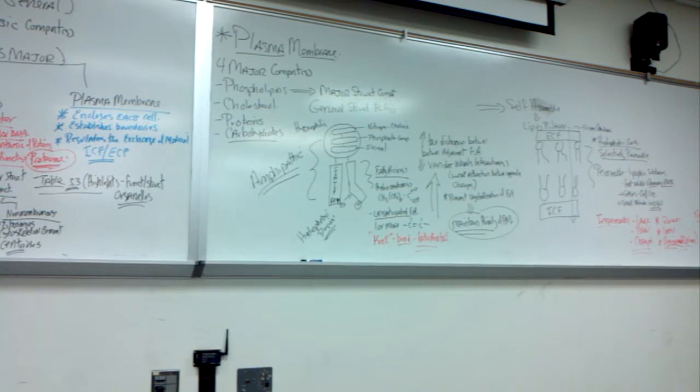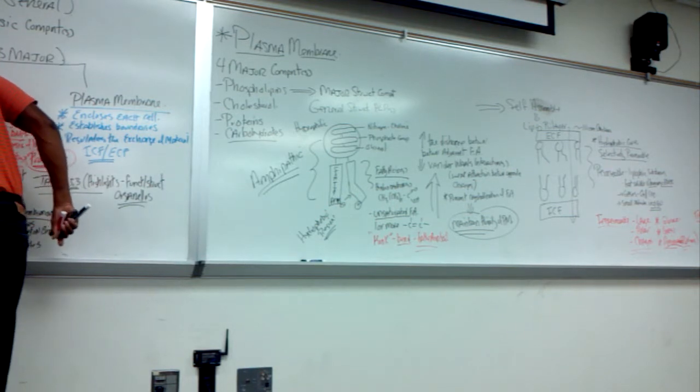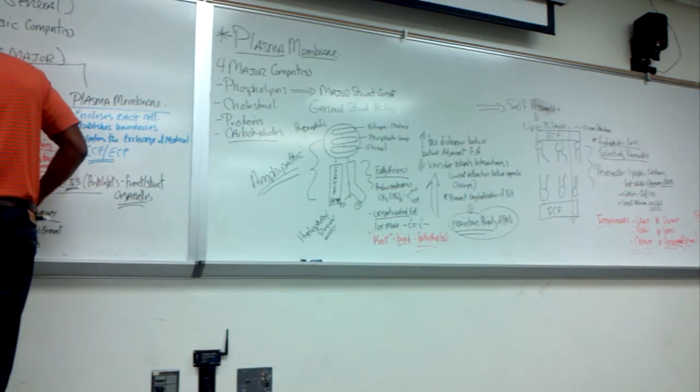We want to take a look at the remaining components of the plasma membrane, and we have that of cholesterol. As we take a look at cholesterol and its role with regards to the plasma membrane, we're highlighting the cholesterol molecule associated with the plasma membrane.